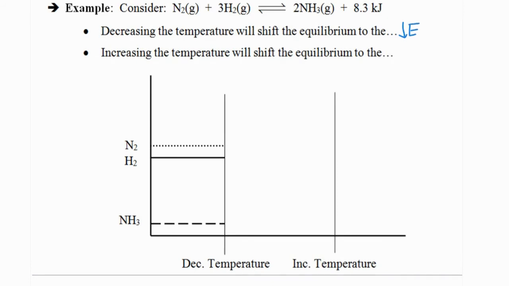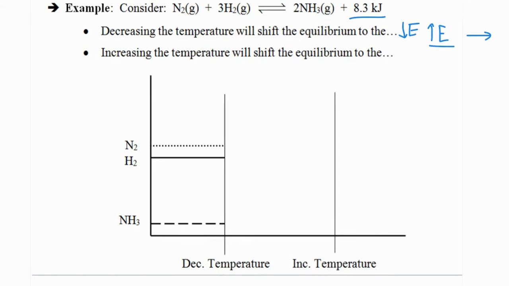Now if energy goes down, the system is going to want to counteract that change, so it wants to increase the amount of energy. To determine which way it shifts then, let's look at where the energy is. Here, energy is a product. So in order to increase the amount of energy, the system wants to shift to the right and produce more of it. It wants to shift to the side with the energy. So this system will shift to the right.